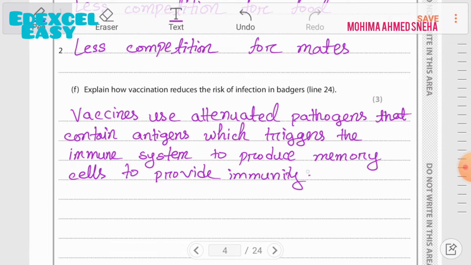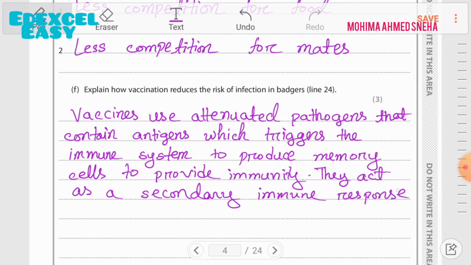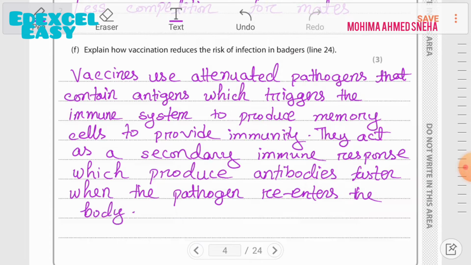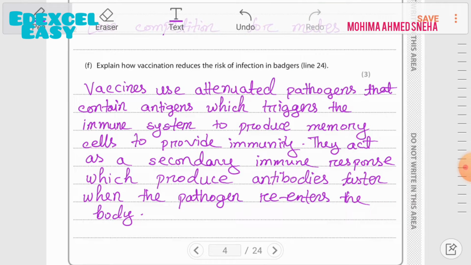They act as a secondary immune response which produce antibodies faster when the pathogen re-enters the body. So this is the answer for part F. Moving to part G.